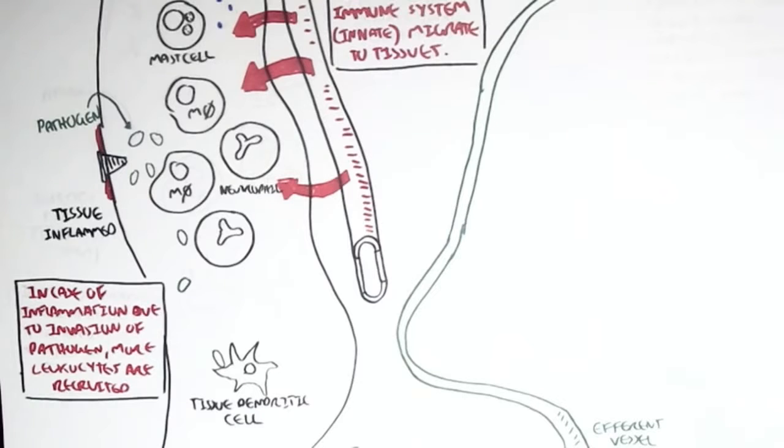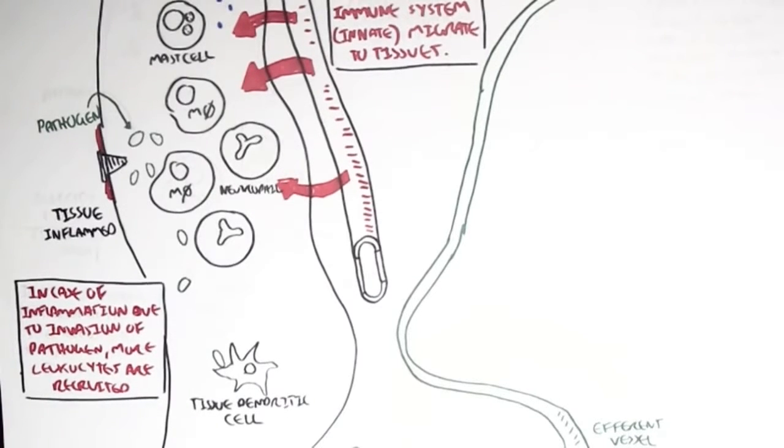The innate immunity's role is to stop the pathogen in its tracks. But if it's a first exposure to the pathogen, it's a bit difficult for the innate immunity to destroy it. And so the innate immunity's role in this case is to halt it and wait for the pathogen to be recognized by the adaptive immune cells, the B and T cells.